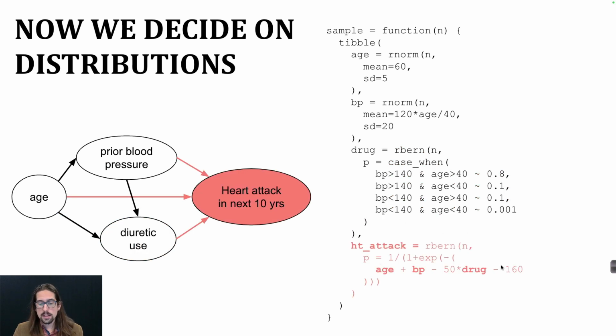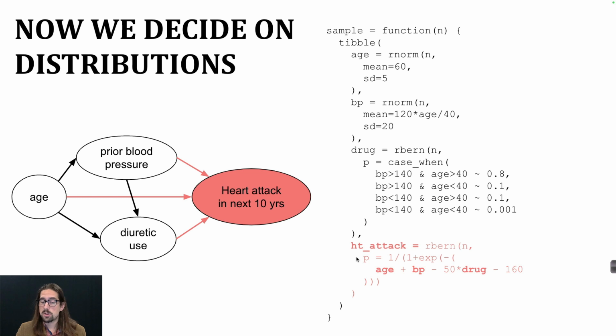And then lastly, let's decide on how heart attack gets assigned. Here I've said heart attack is also a coin flip, and the probability of getting heads is related to the age, blood pressure, and the drug. I'll explain what this other junk is here, but right at this point, all you need to understand is that older people are more likely to get heart attacks.